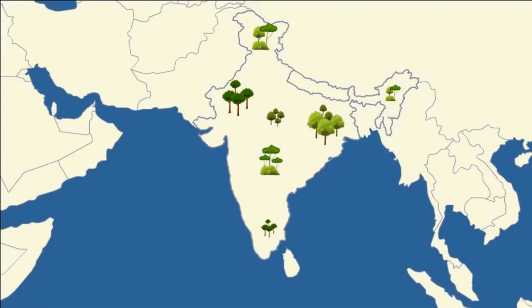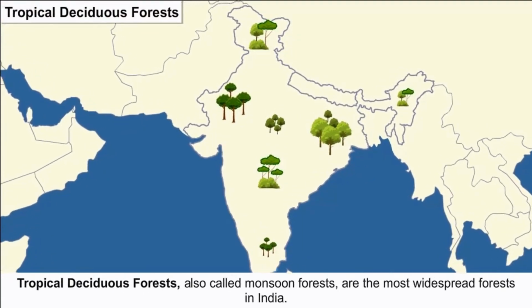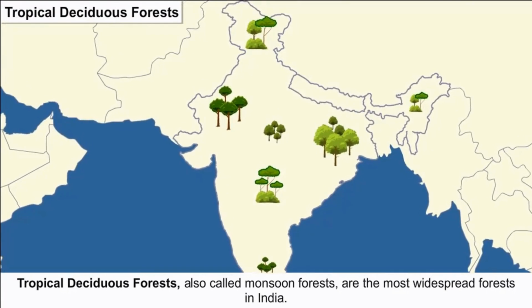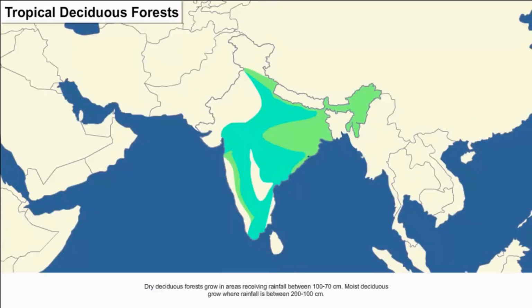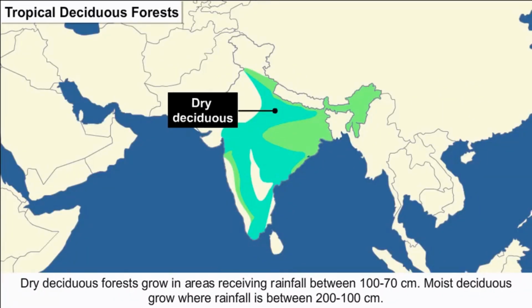Tropical deciduous forests, also called monsoon forests, are the most widespread forests in India. Dry deciduous forests grow in areas receiving rainfall between 100 to 70 centimeters. Moist deciduous grow where rainfall is between 200 to 100 centimeters.